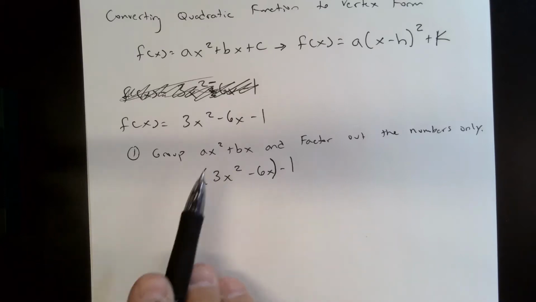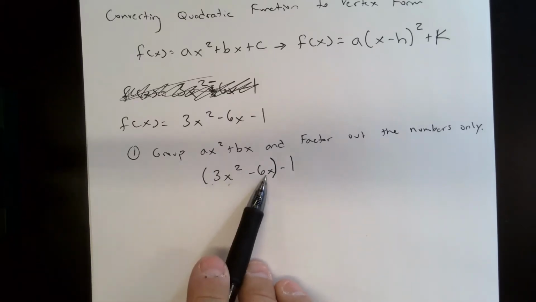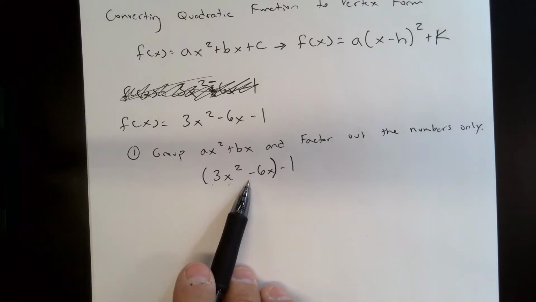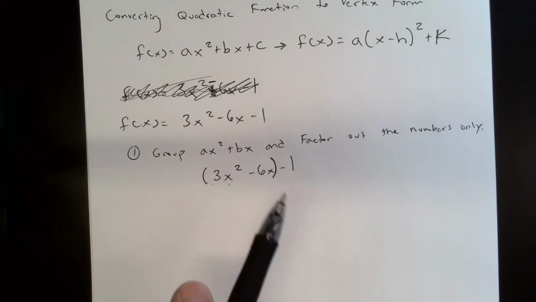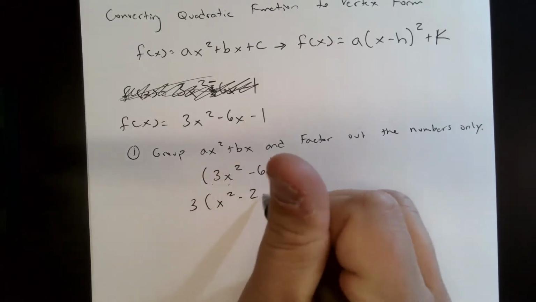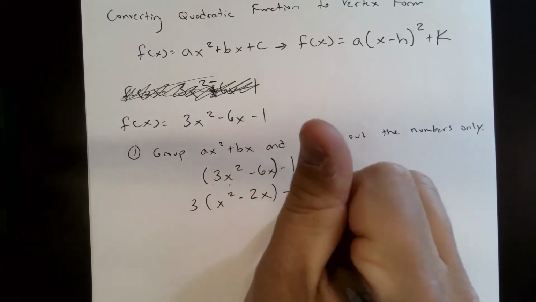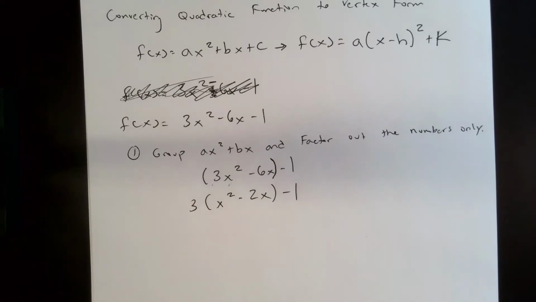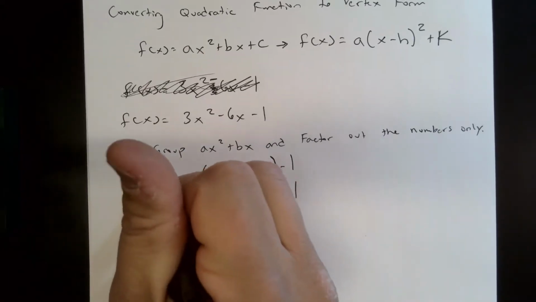So, what can we factor out of 3x squared minus 6x? And we're not doing the variables, just the numbers. A 3. So it's going to look like this. And if you want to, you can keep it out here.